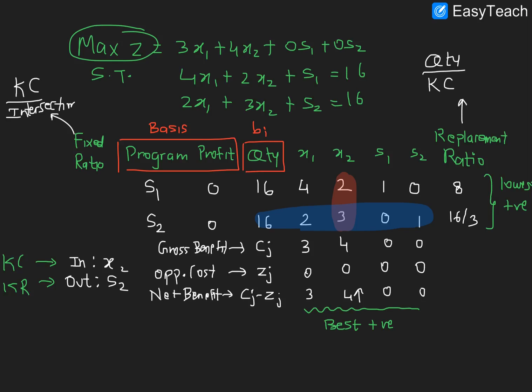You can observe over here there's an intersection 3, so the key column is 2 over here, 2 divided by 3, and this is simply 1.